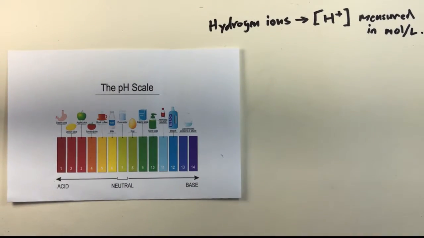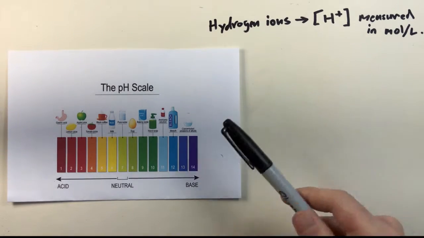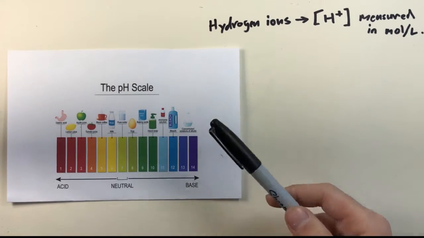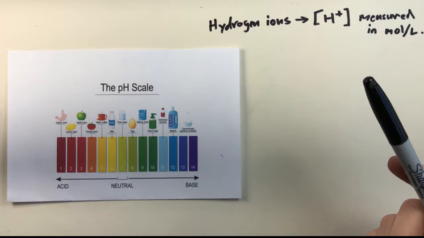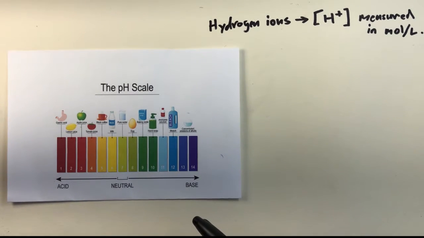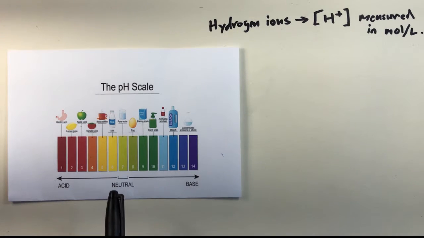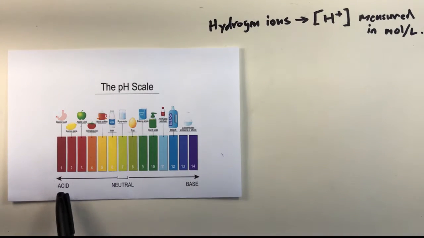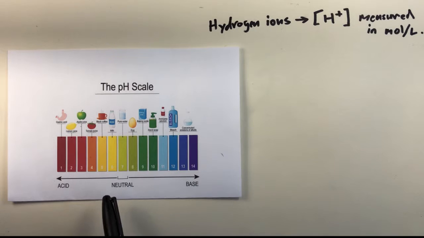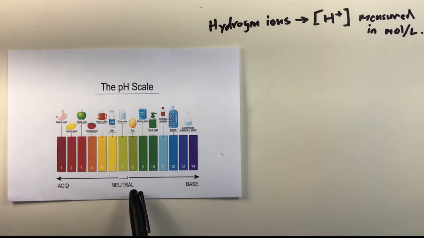Anyways, pH actually stands for power of hydrogen, and a solution can have a pH level from 1 to 14, with 7 being neutral, a pH of 1 to 7 being acidic, and a pH ranging from 7 to 14 being basic.